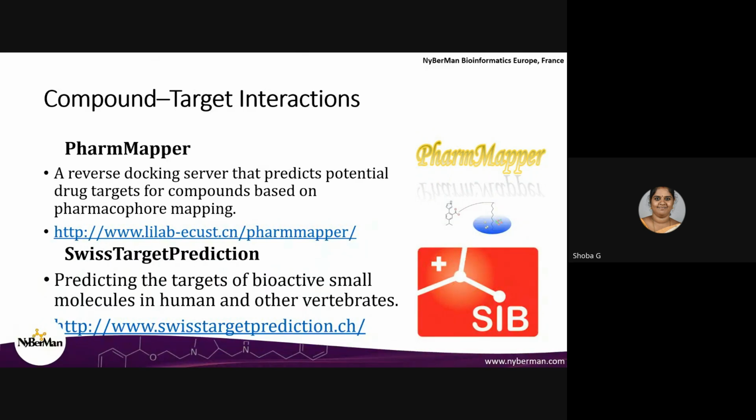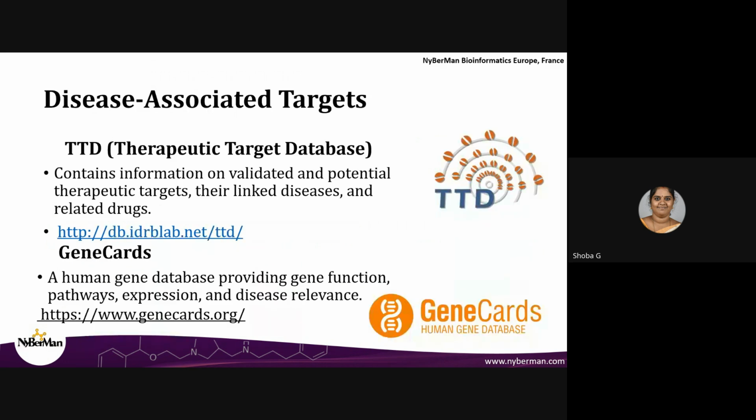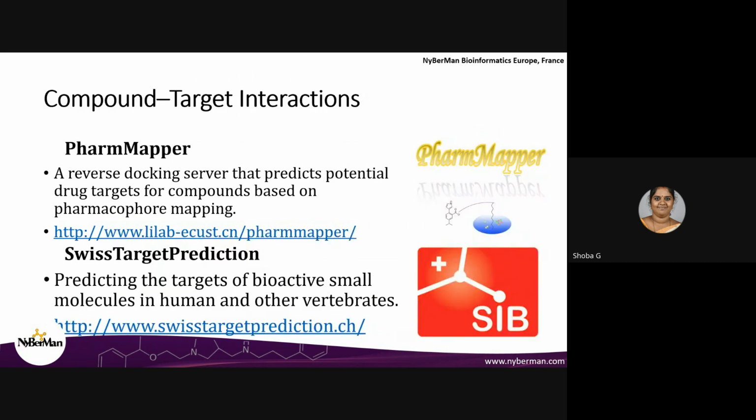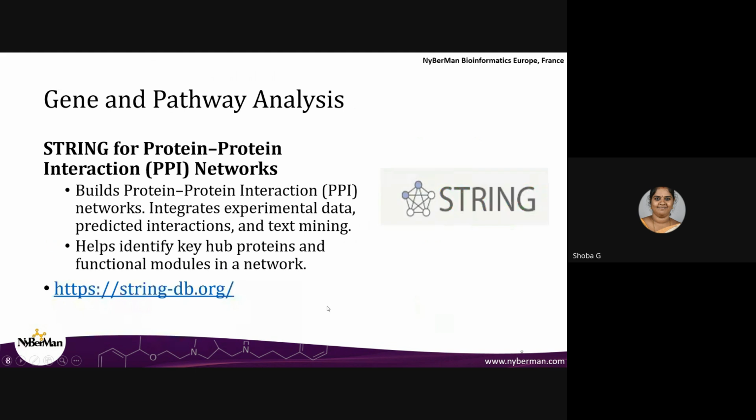So all these servers are the databases where we give the input: here we'll give the compound input as the structure, but there we'll give the disease name as the input. In PharmMapper we'll give the compound SDF format structure, whereas in Swiss Target we use the compound SMILES format. Is it okay? Okay.